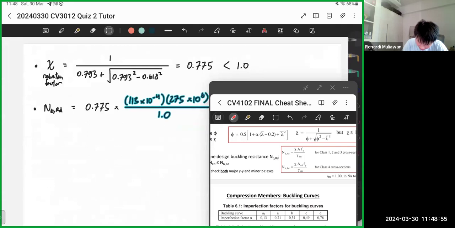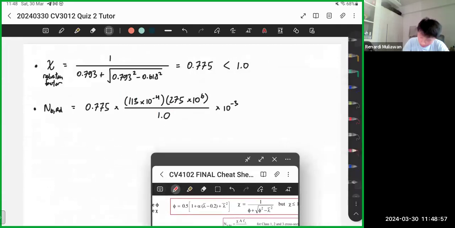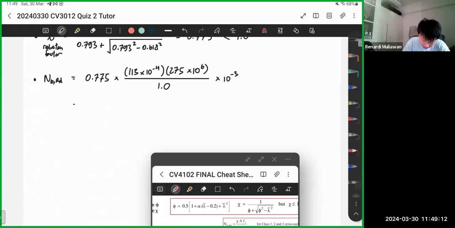Paste, you get this. So the value is 0.775 times 113 times 7. You get 2,408.